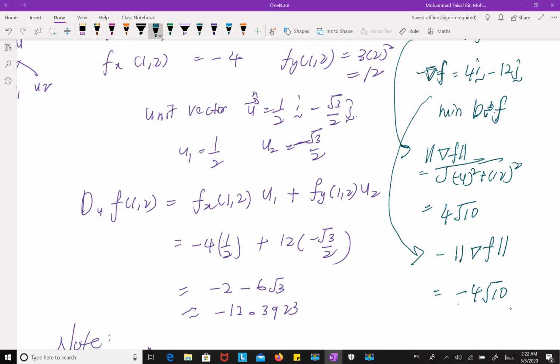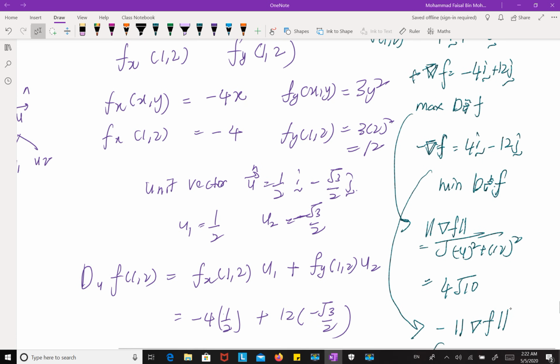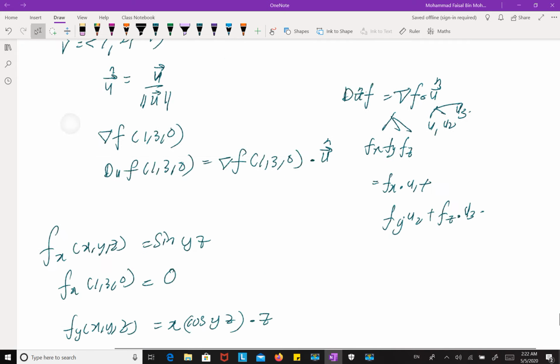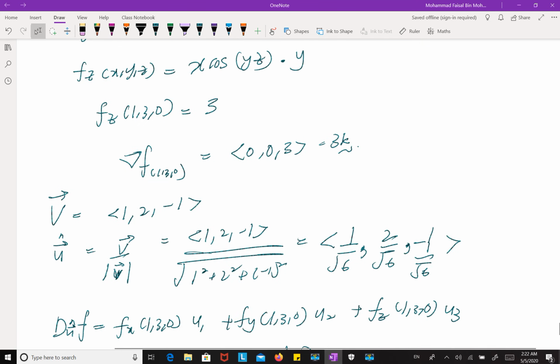So this negative shows decrease, and this positive shows increase. Okay.